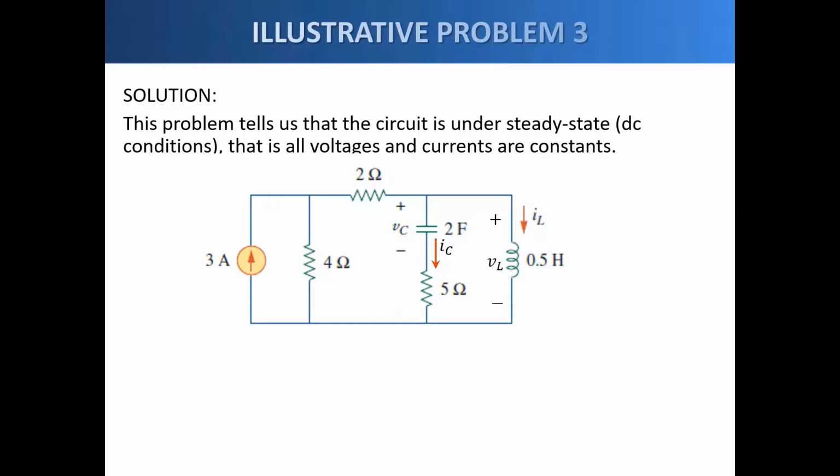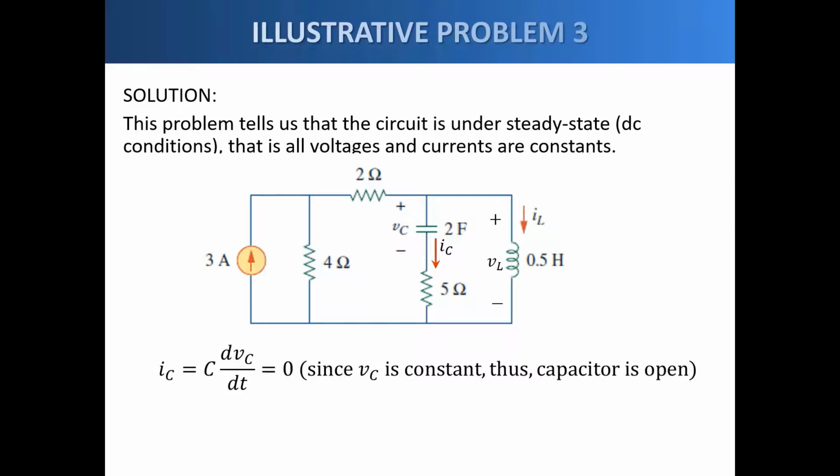Here is the solution. Since the circuit is at steady state, this tells us that all voltages and currents are constants. So if the voltage is a constant across the capacitor, dVc/dt should be equal to 0, and therefore the current through the capacitor is 0.